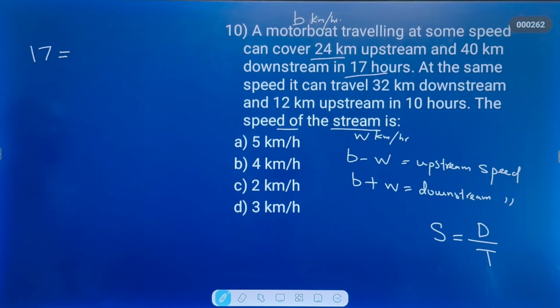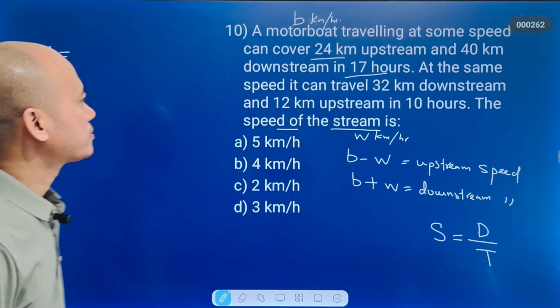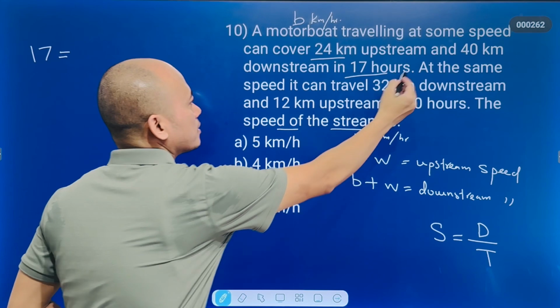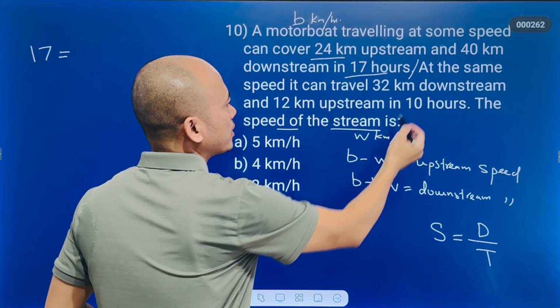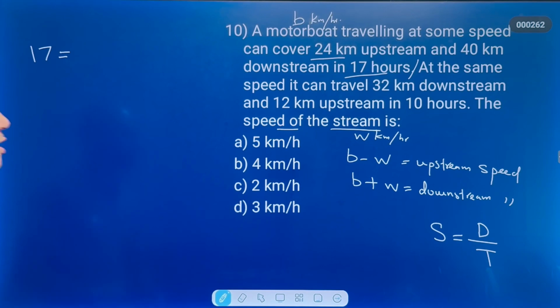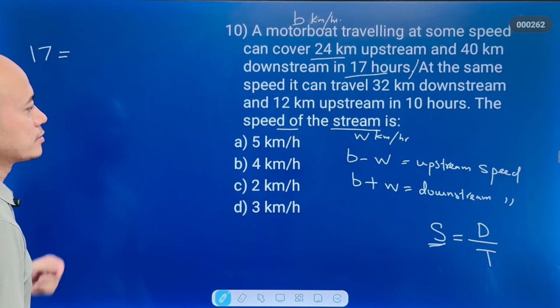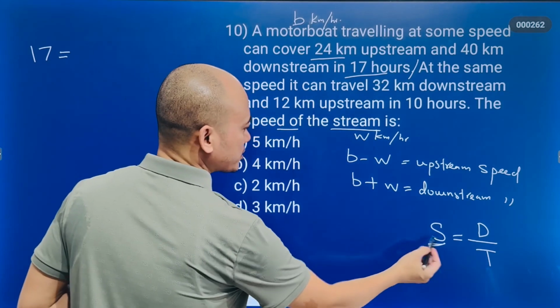So, we will take this case first up till here. There will be one equation and this one will be another equation. So, this speed in this case is upstream speed. What are we calculating here? We are calculating upstream speed.